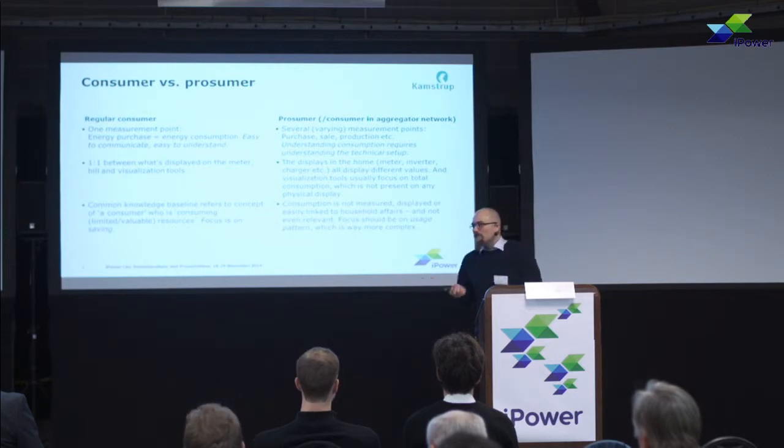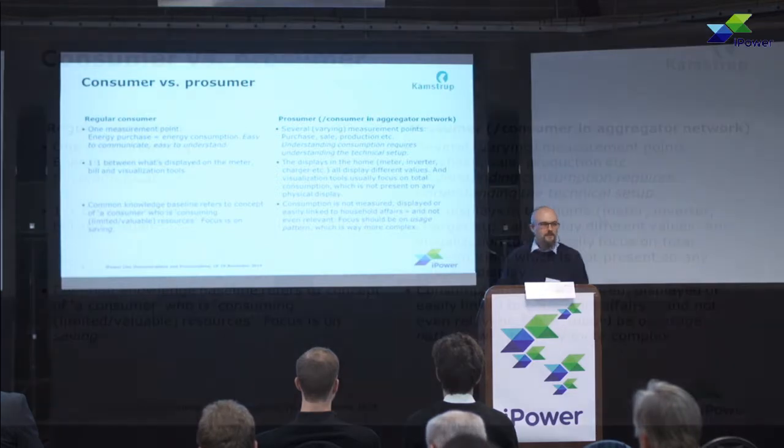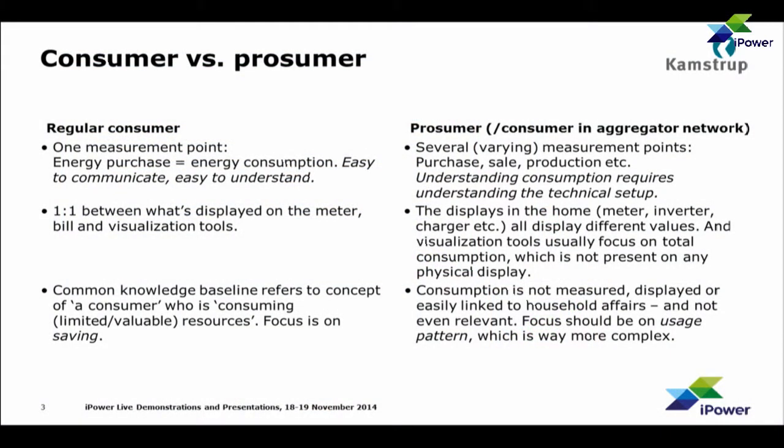A prosumer who's acting correctly is not necessarily reducing his consumption, he's changing his consumption patterns so they match, for example, the production. And Mike mentioned that a lot of the inhabitants in Stenderup are actually focusing on this at this point, they're wanting to move their consumption to another time. So that's a way more complex thing to communicate than just simply reducing your consumption and motivating people to do that.